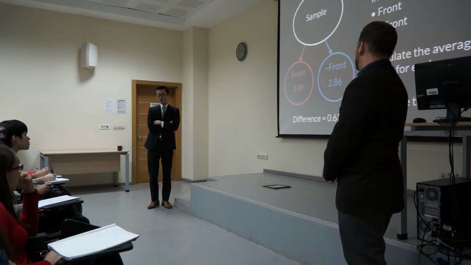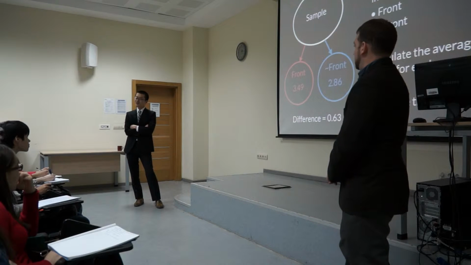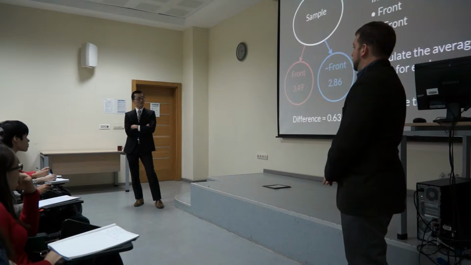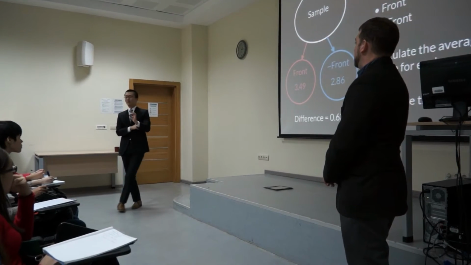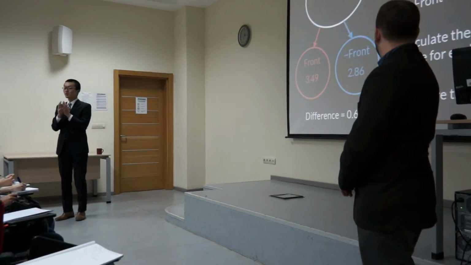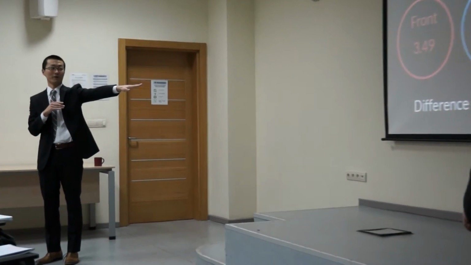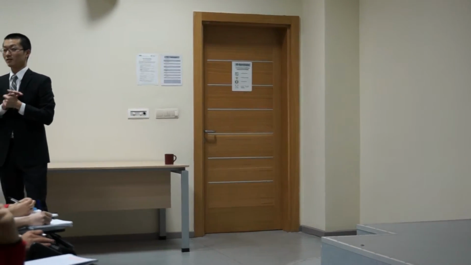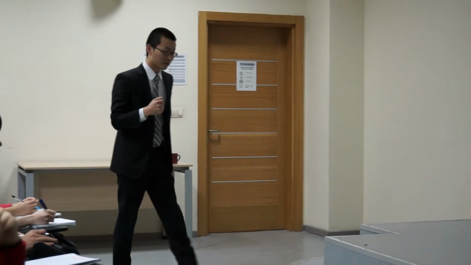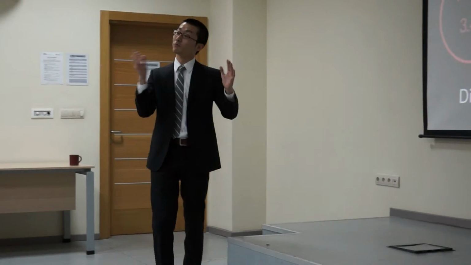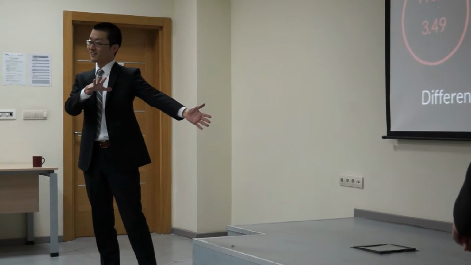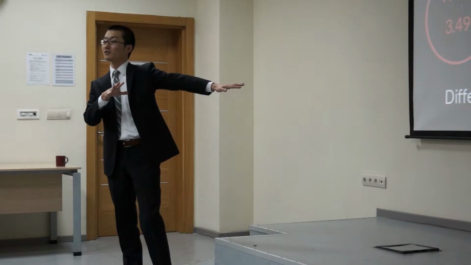However, as Chris pointed out, it could be just about this particular sample. It may be that I got this 0.63 because of this introductory biology class, right? If I start collecting data from an introductory political science class, maybe I get different numbers.